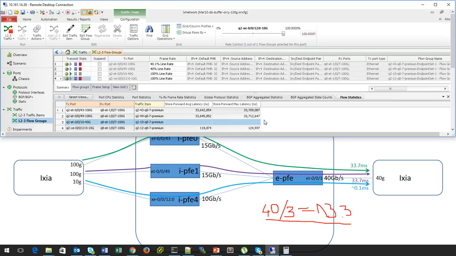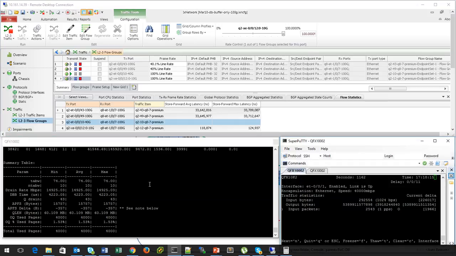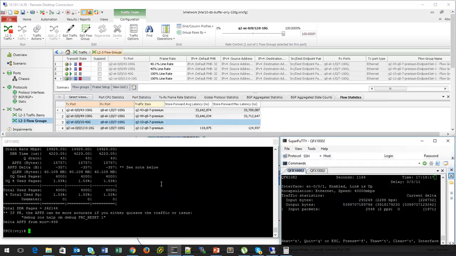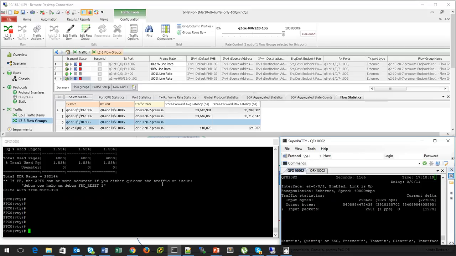Just for something to think about, what we concluded here is basically that the buffer is divided equally among packet forwarding engines. There is a particular command, and this is still work in progress as I understand.